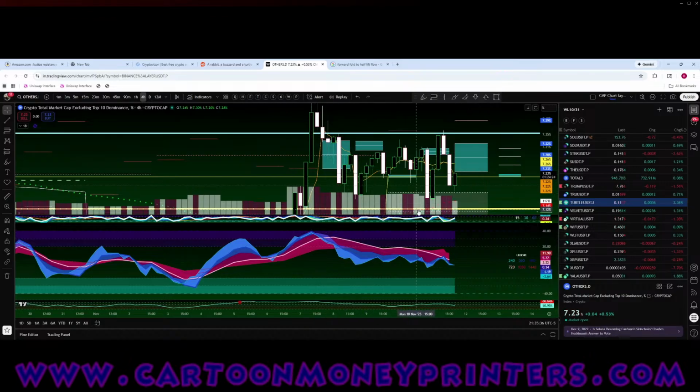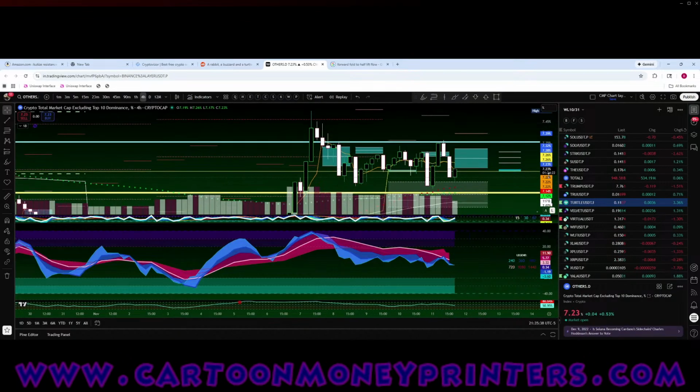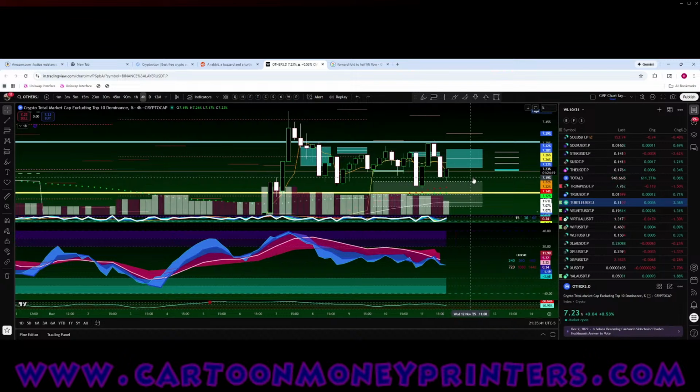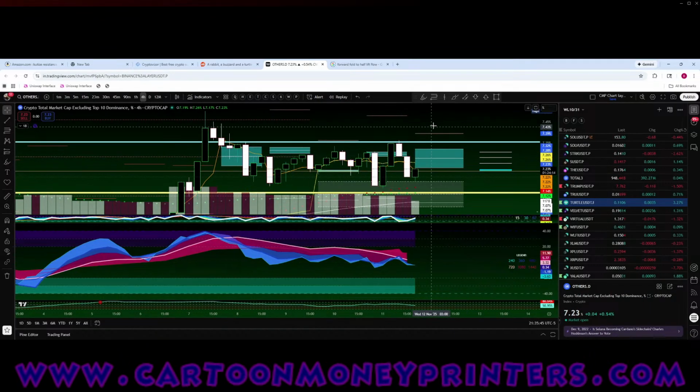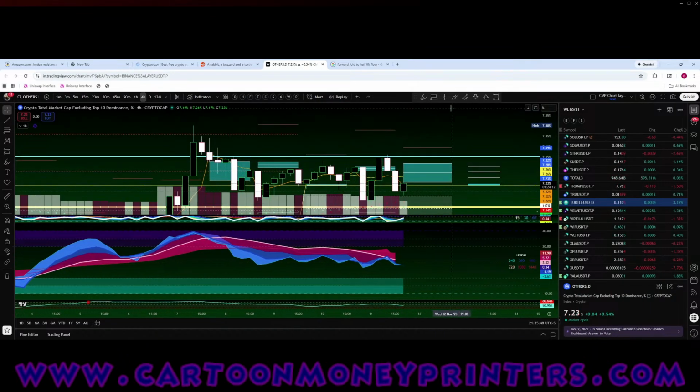Price might make a new high, but the ribbon won't. So if it does go, I don't think it would be a breakout, it would be a bear div. It's not really that bullish on OTHERS.D in my opinion, and that 12 is crawling down.